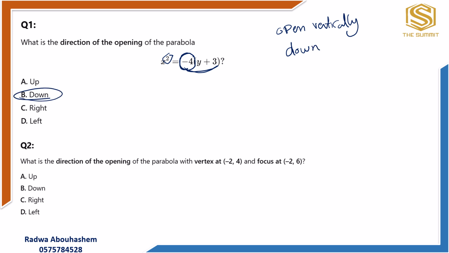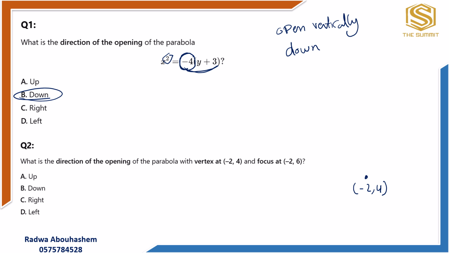Now, what is the direction of the opening of the parabola with vertex -2 and 4 and focus at -2 and 6? Okay, it's just like that. You know that the focus is inside the curve. So if I have a vertex like this, here's the vertex, -2 and 4.